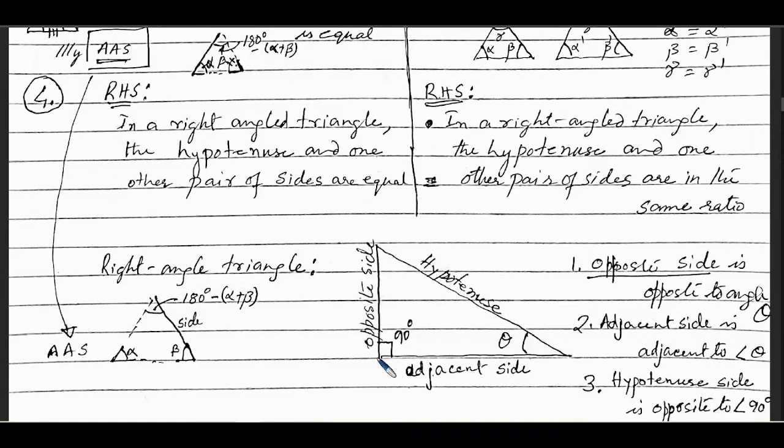The angle between this side and this side is 90 degrees. Suppose I call this angle theta, subtended by this hypotenuse. This is the hypotenuse. Then this side is generally called the opposite side. We will see all this when we come to trigonometry. This side is adjacent to this angle theta, and this is the hypotenuse of a right angle triangle.